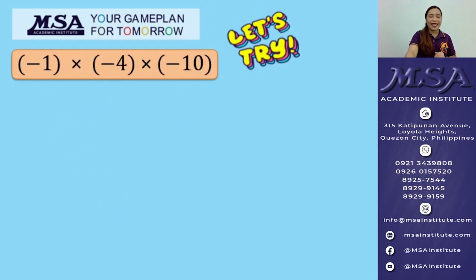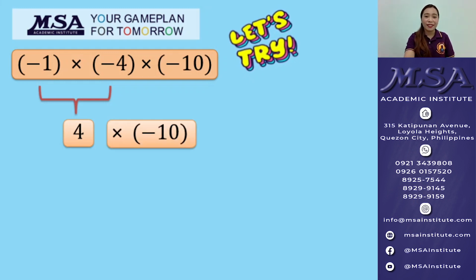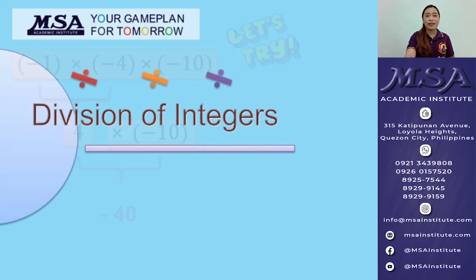Alright? And next, we have negative 1 times negative 4 times negative 10. So multiply negative 1 and negative 4. The product will be 4. And then multiply it by negative 10. The final answer here is negative 40. Alright? And that's all about multiplication of integers.